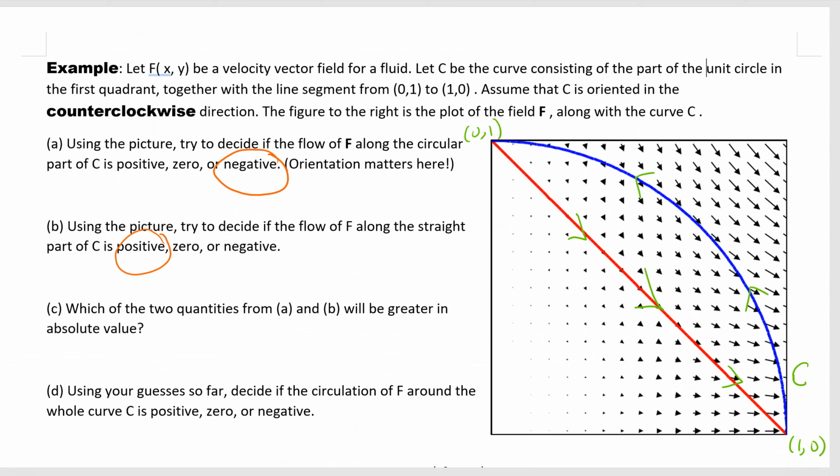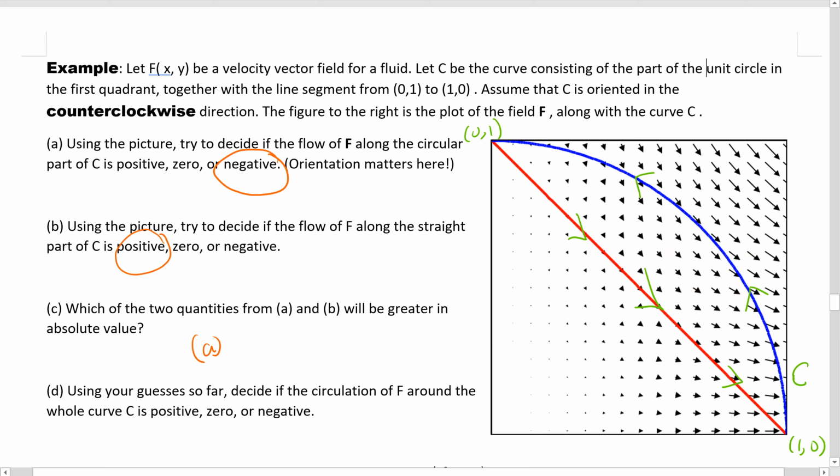You can see on this side the vector field is small, but on this side the vector field is big. If we look at the magnitude, because the vector field has longer arrows here, we expect the magnitude of the dot product will be bigger. So of the two quantities from A and B, A will be bigger. I know it's negative, but the magnitude is bigger. So far, so good, everybody? Do you agree?